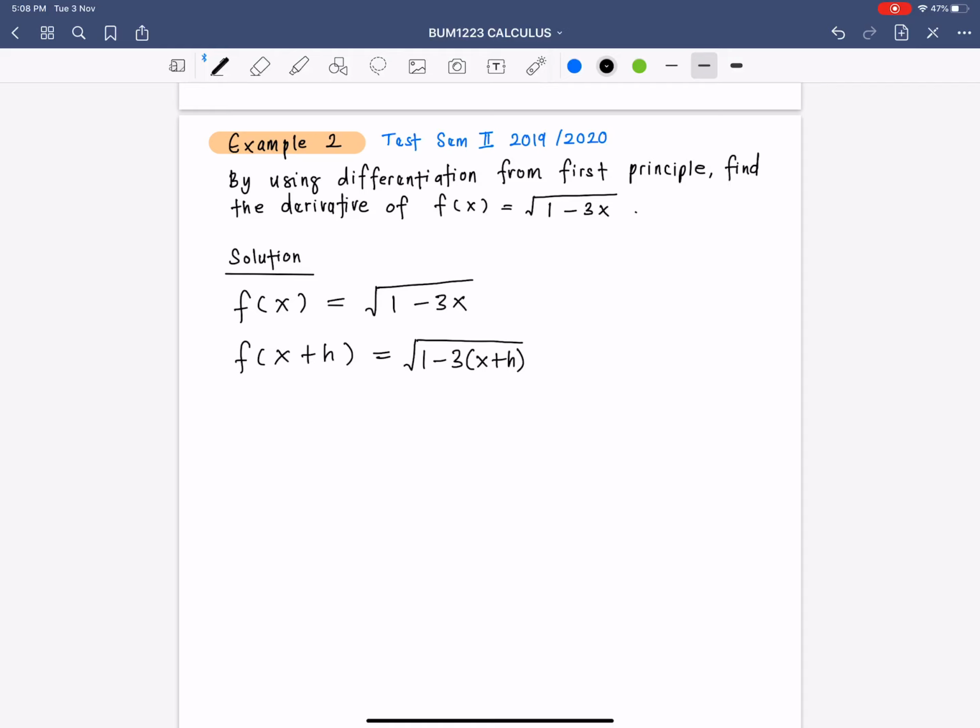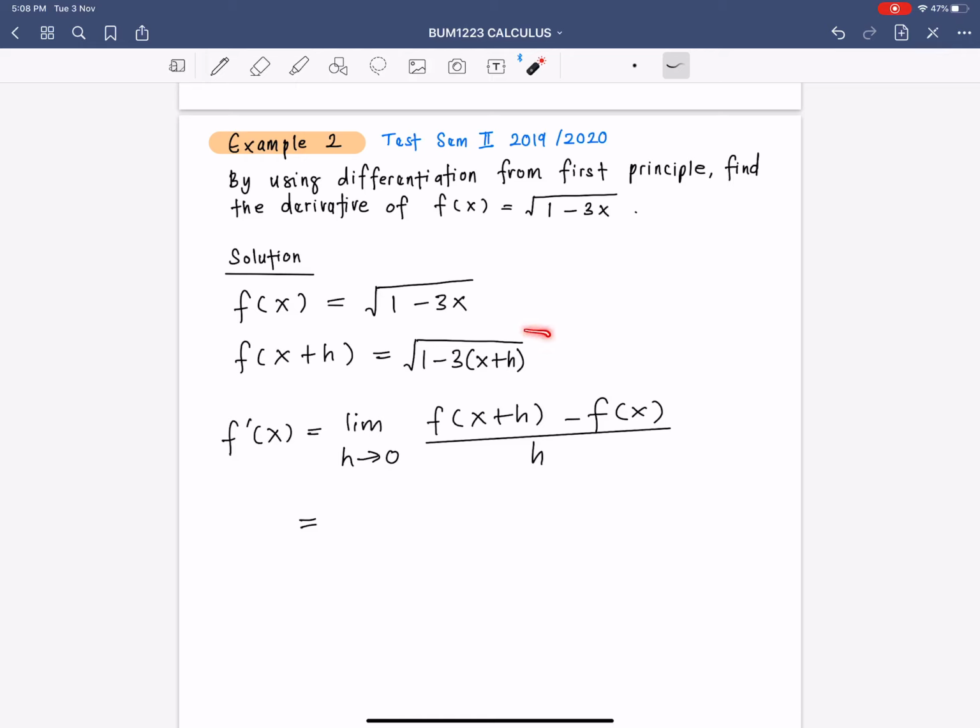Now we will substitute this into the first principle formula, where f prime of x is equal to the limit as h approaches 0 of f(x plus h) minus f(x) over h. We have f(x plus h) as square root of 1 minus 3(x plus h), so we substitute that.